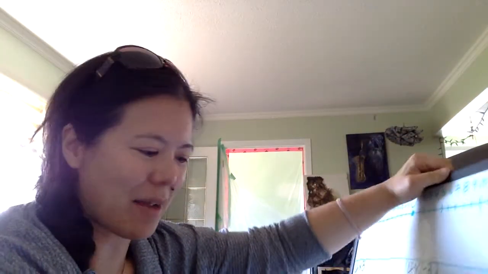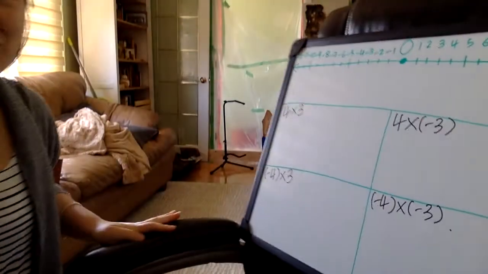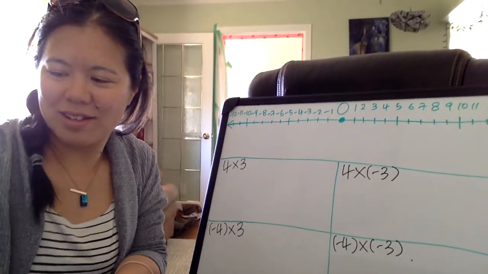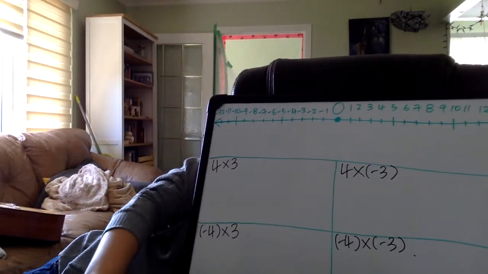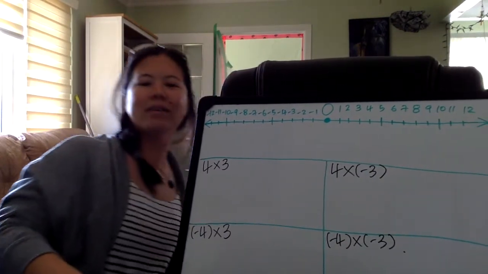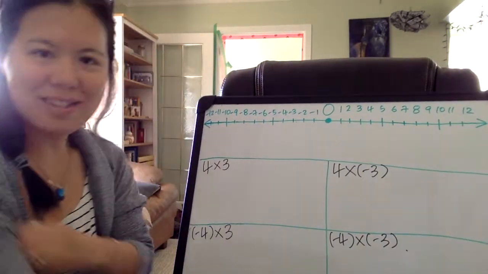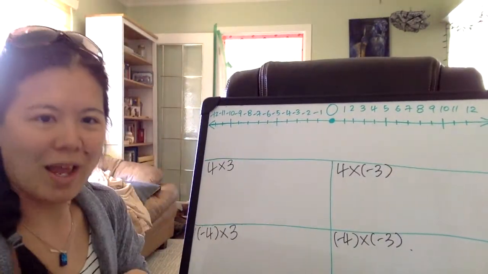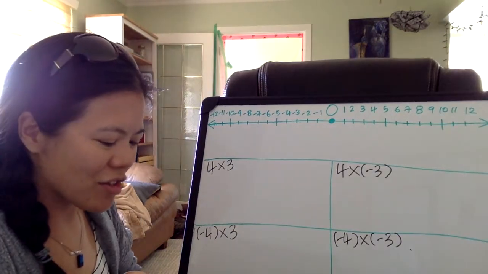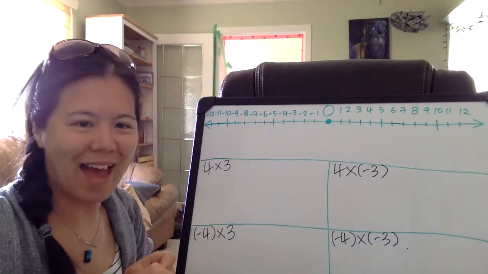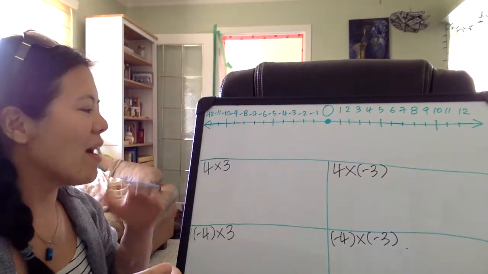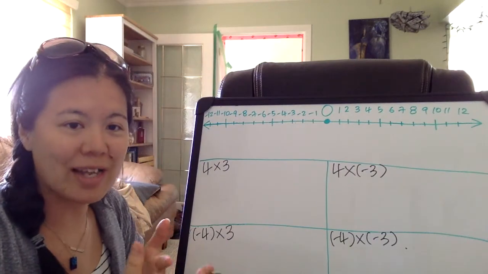All right, this time I'm going to use number lines more than the integer tiles. Okay, so let's start from the beginning. 4 multiplied by 3. For this one, I'm sure we did that in lower grade elementary school: repeated addition is multiplication.